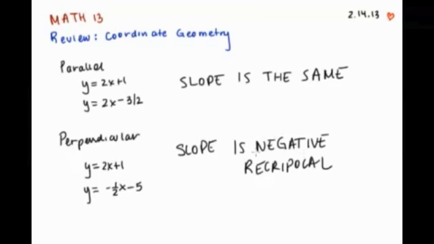How do we find the negative reciprocal of something? Step 1, negate it. If it's positive, make it negative. If it's negative, make it positive. Step 2, flip the numerators with the denominators. Just flip it around. And that's how you find negative reciprocals.